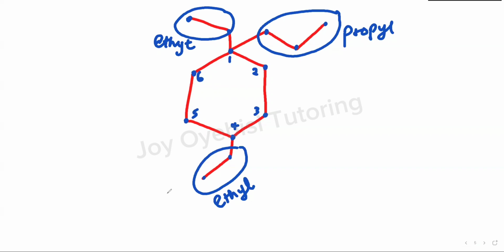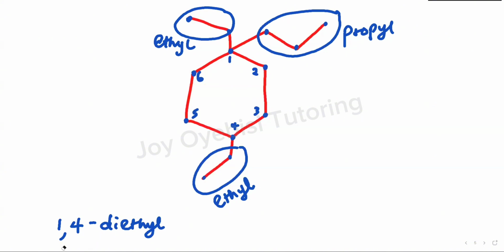So the ethyl groups, we have 2 of them. And when you have 2 or more identical substituents, you group them with a prefix. So 2 would be di. So that would be 1, 4. Again, the positions are very important. So 1, 4, and then you go ahead and say diethyl.